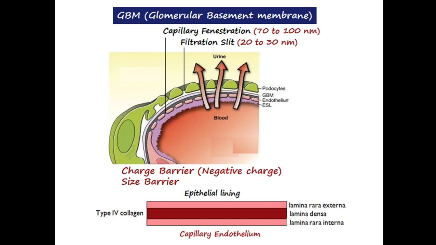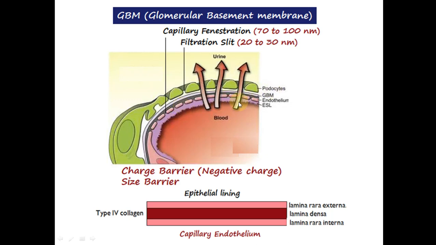Now, the basement membrane in a glomerulus that lies between the glomerular capillary endothelium and the visceral epithelial layer made of podocytes is very important. And there are two barriers in each glomerulus. The first barrier is the endothelial cell fenestrations.